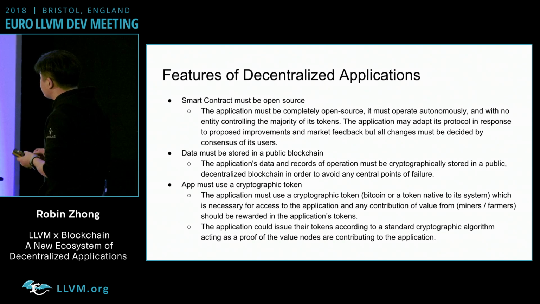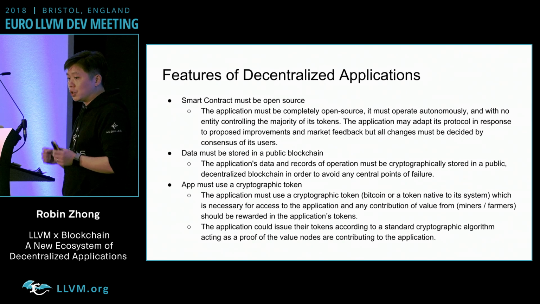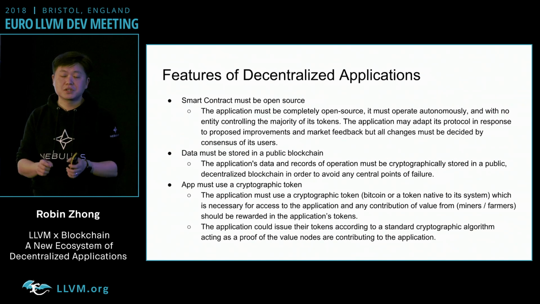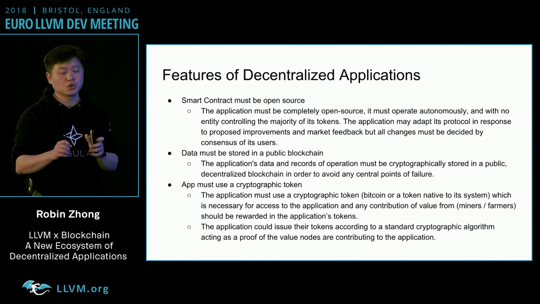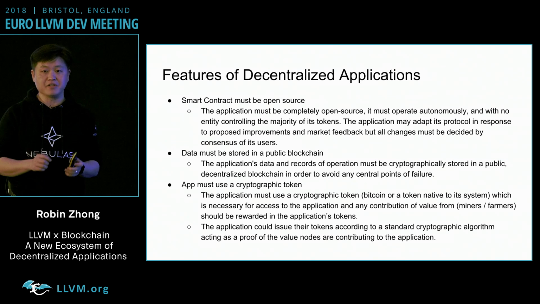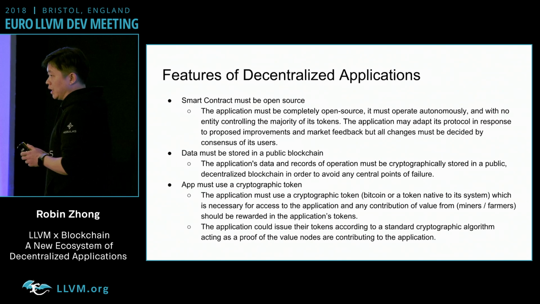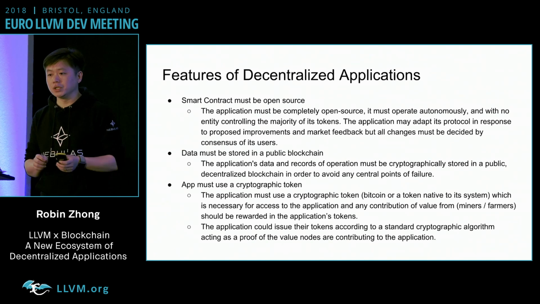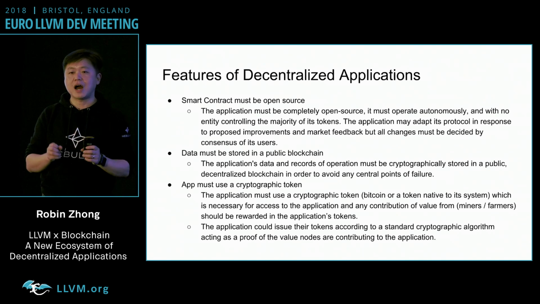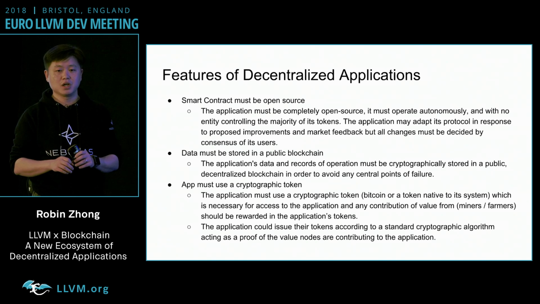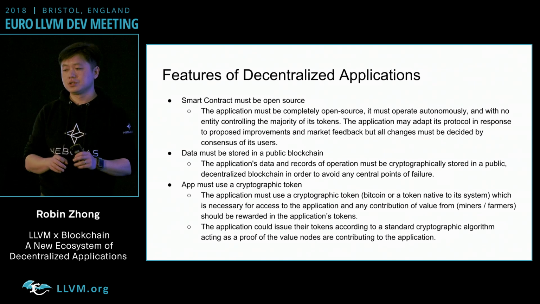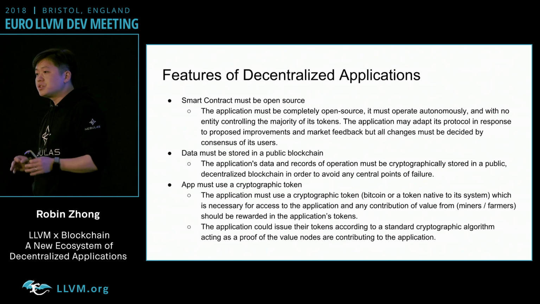And the third and last one is about the cryptocurrency token. The application must use the cryptocurrency token. That means for all transactions, all users should pay. We should reward all those nodes, the owners of the nodes, to encourage them to provide computing resources, bandwidth resources, and storage resources.